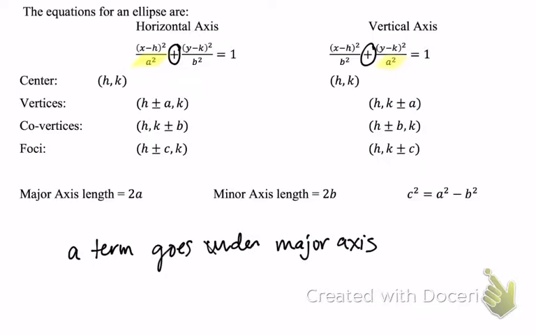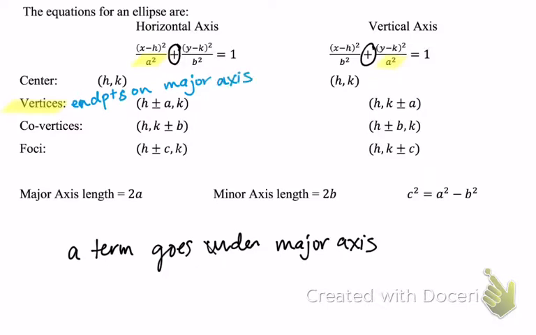Then we have things called vertices and co-vertices. Vertices will always go on the major axis. So the vertices are going to be my endpoints on the major axis.